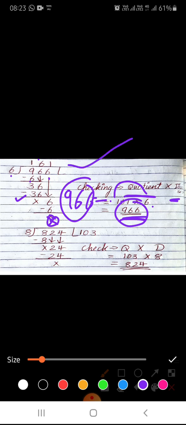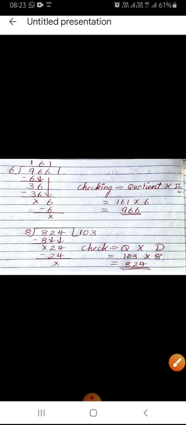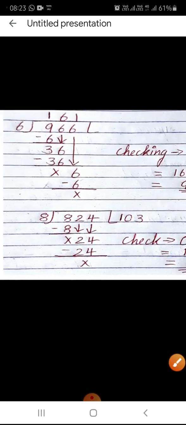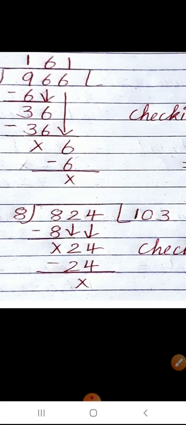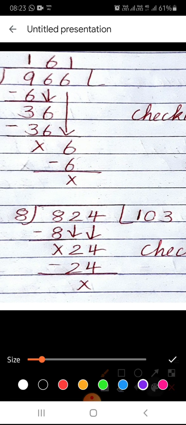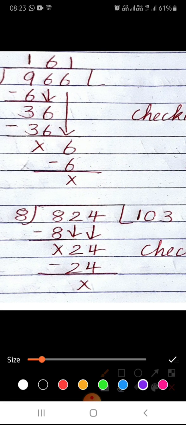Similarly, in the third part, it is 824 divided by 8. Now in this case, children, see this question very carefully. 8 ones are 8. 8 times 1 is 8. Then 2 comes. But 2 is not divisible by 8.